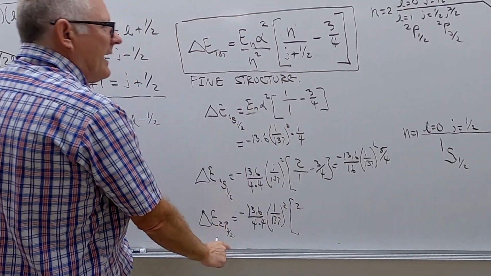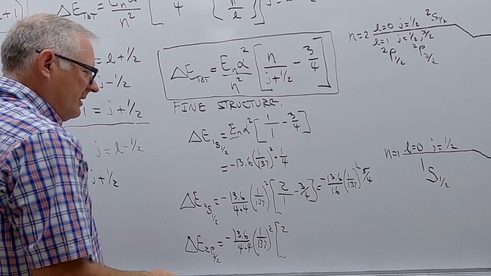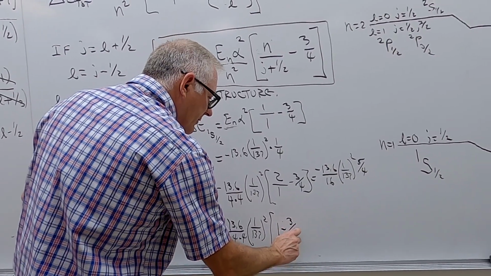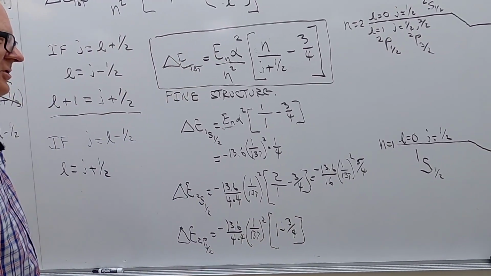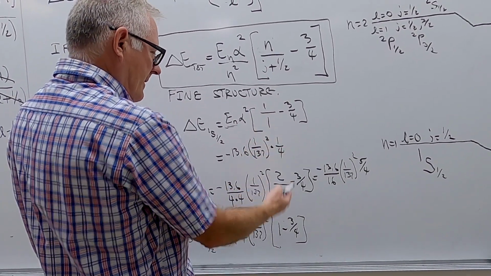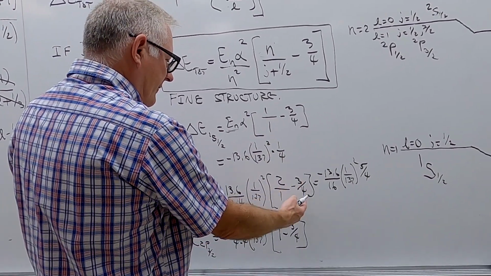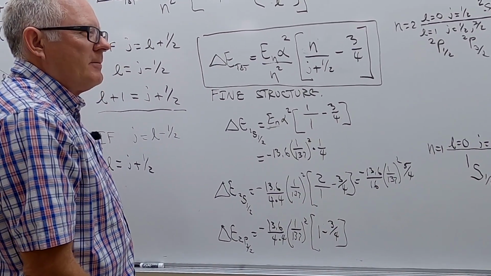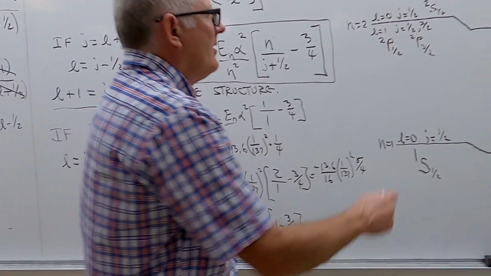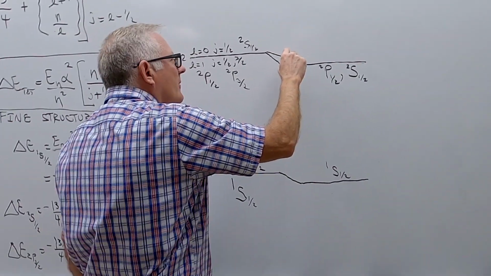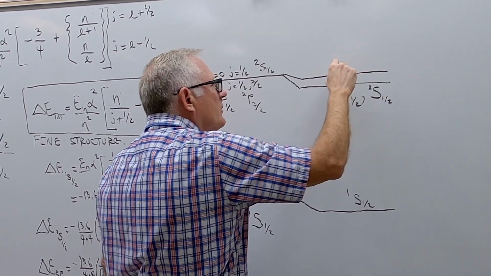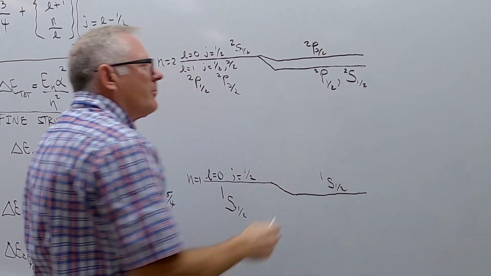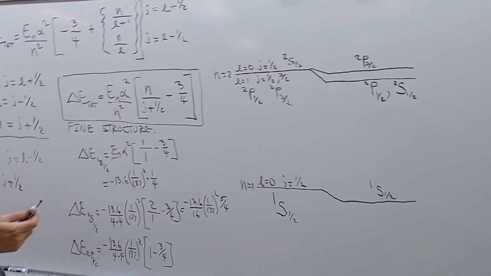J now is 3/2 plus 1/2 is 2. So 2 over 2 is just 1 minus 3/4, which is just 1/4. Up here it was 2 minus 3/4. This is only 1 minus 3/4. So this is a smaller amount. It drops by a smaller amount. So this one is going to come over to here, and it's going to be right there. And this one is 2p 3/2. So it separates out for the different j values.